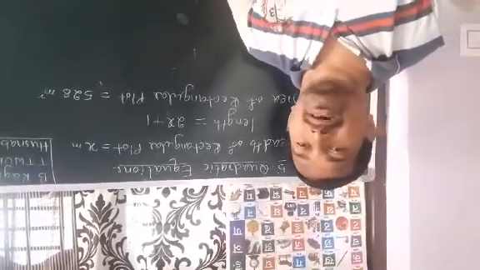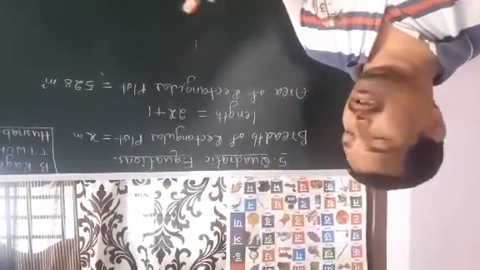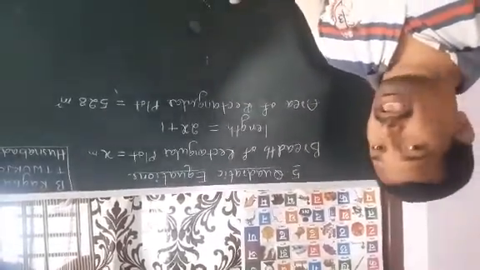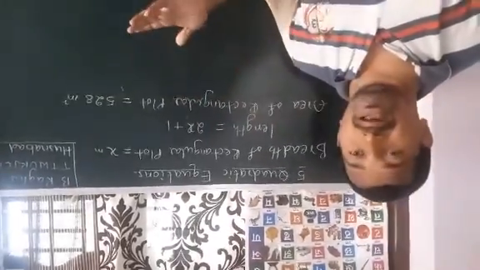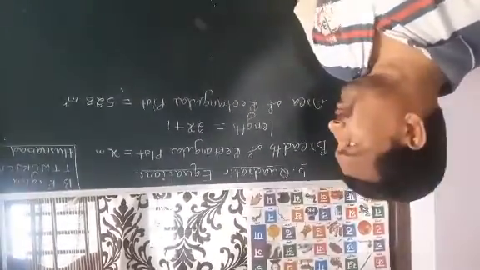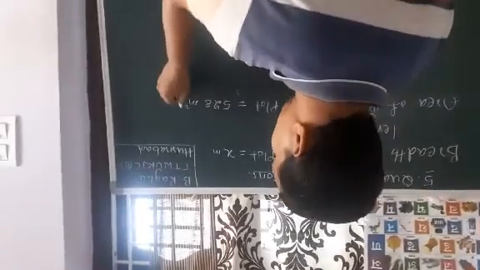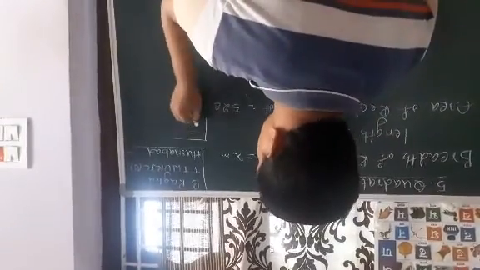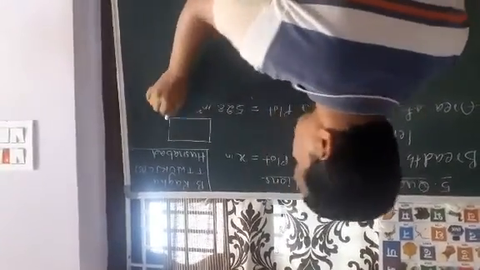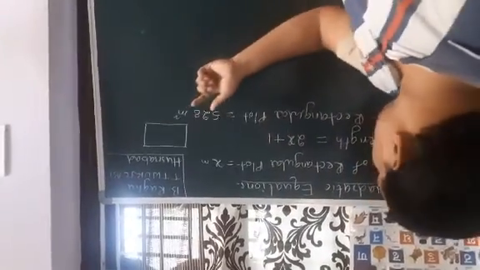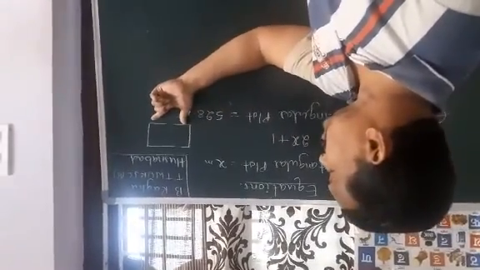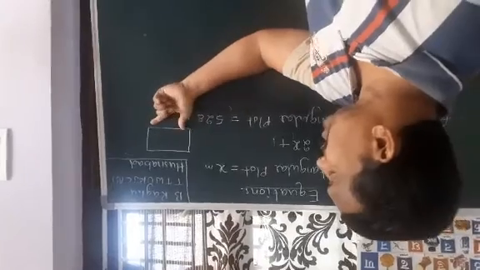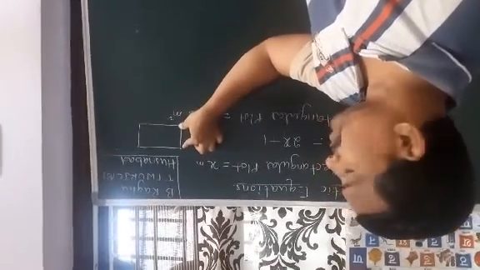So what is given? The plot. Plot means rectangular plot. The open plot is in the form of a rectangle. So this is the length, this is the breadth. This length is depending on the breadth.